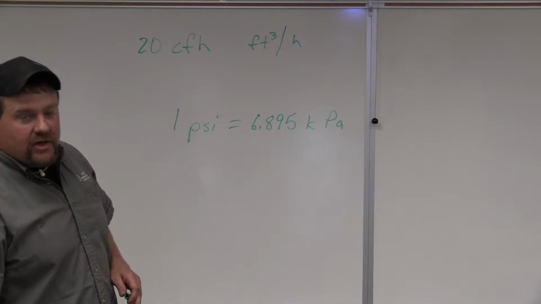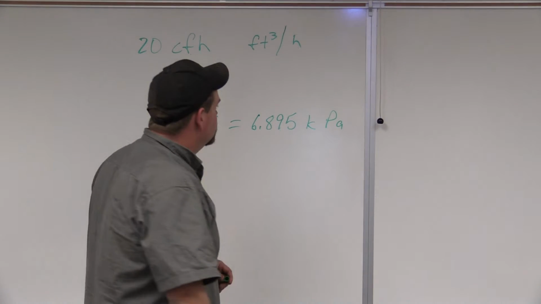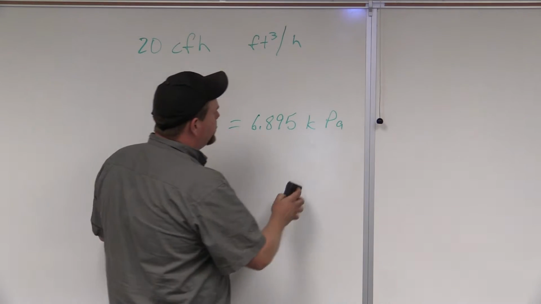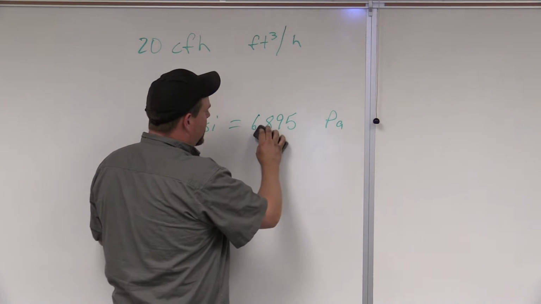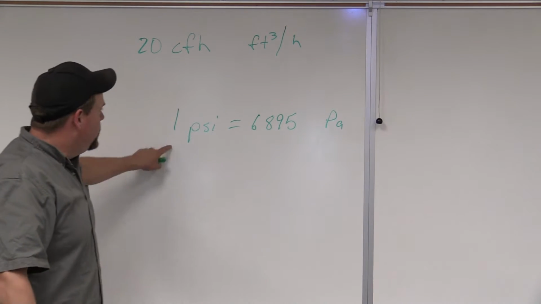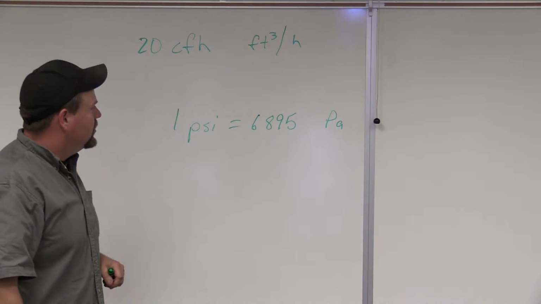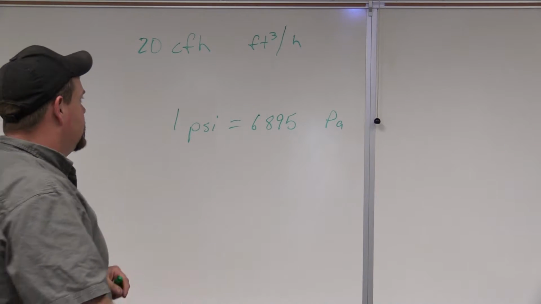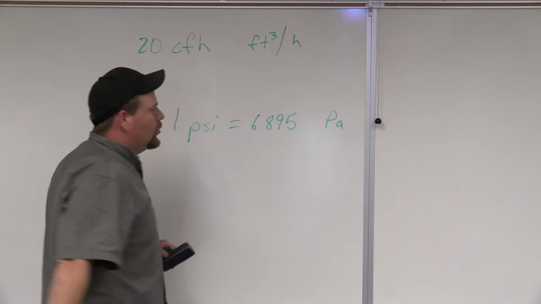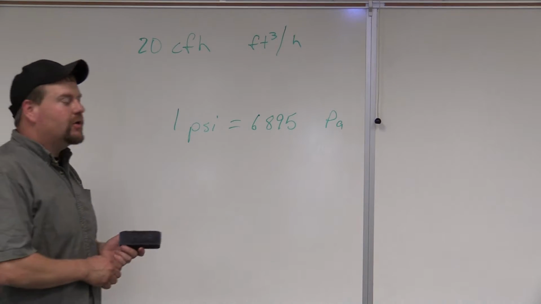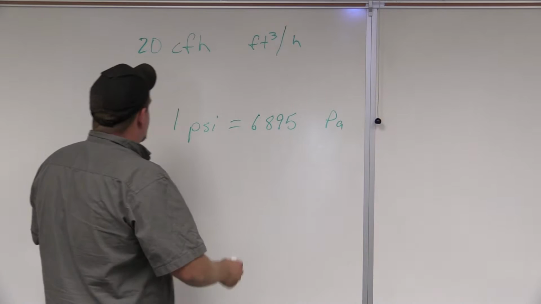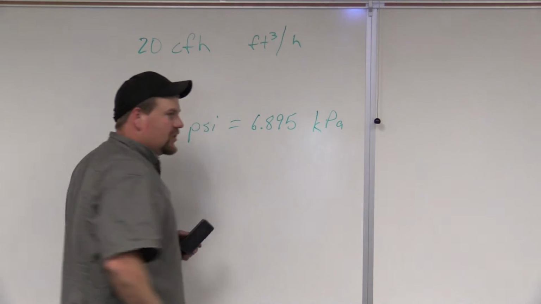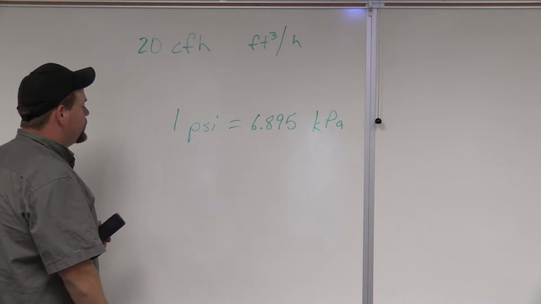Kilo is 1,000. So another way to make it simple, if we get rid of the kilo, 1 psi is equal to 6,895 pascals. This is one metric form of pressure. Part of the reason they abbreviate is because the numbers get larger.